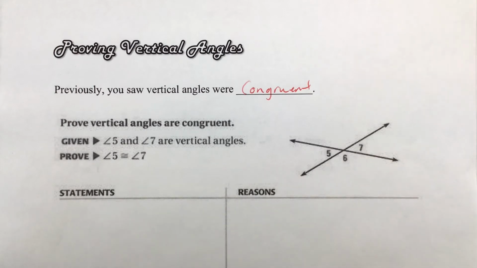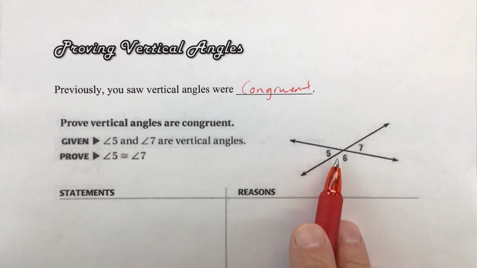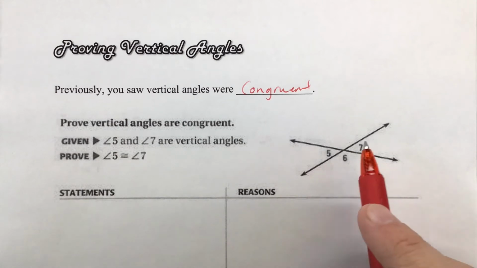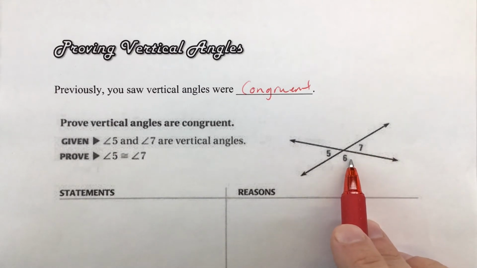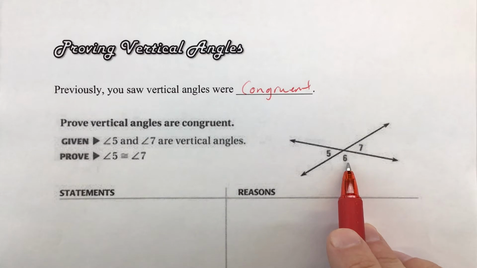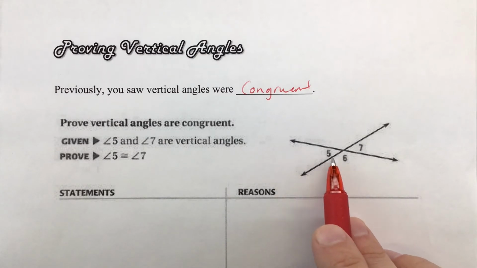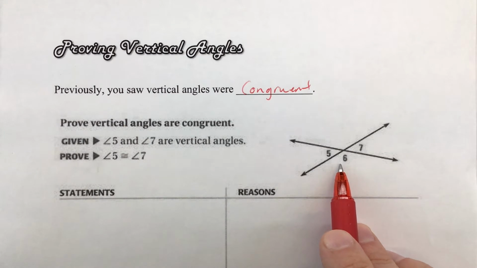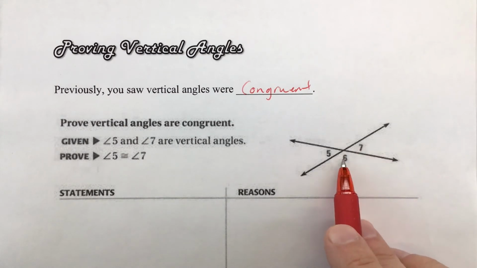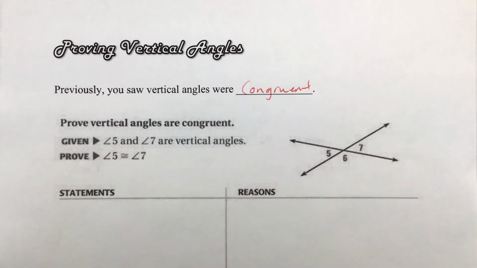Now if we start thinking about how those pairs add up, 5 and 6 add up to 180. 7 and 6 add up to 180. Both of those sums involved angle 6. So 5 plus 6 is equal to the same thing that 7 plus 6 is equal to. We should be able to draw the conclusion that 5 and 7 are, in fact, the same size.